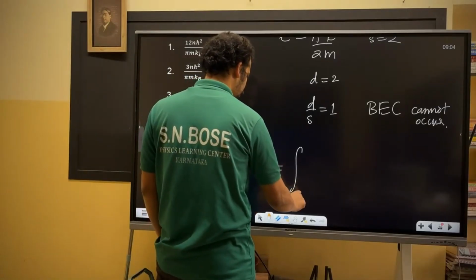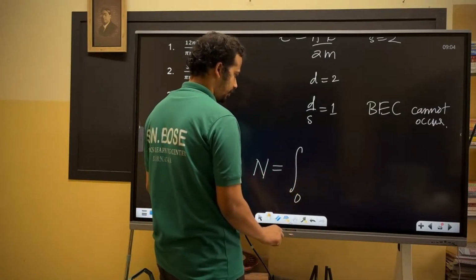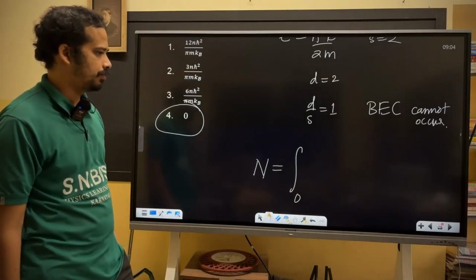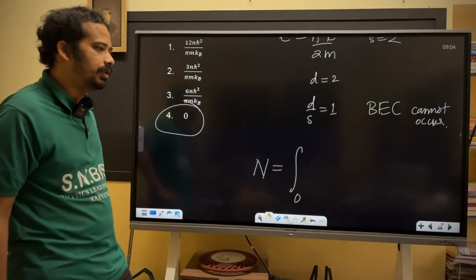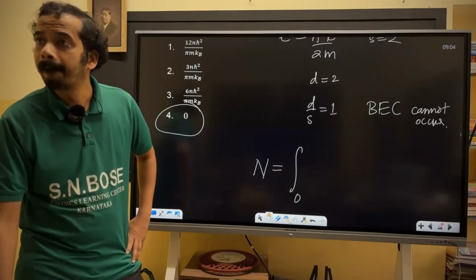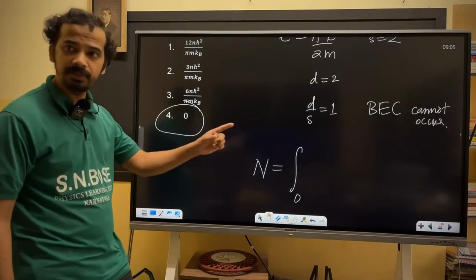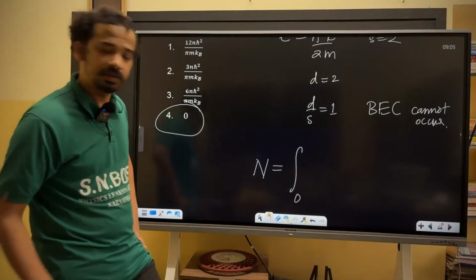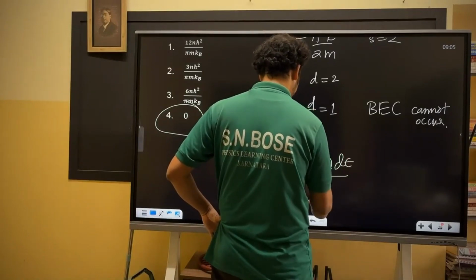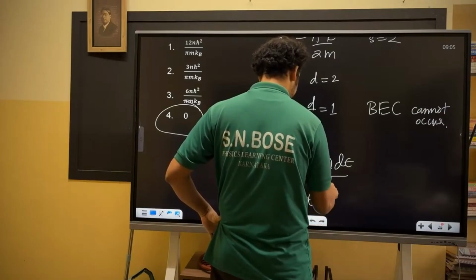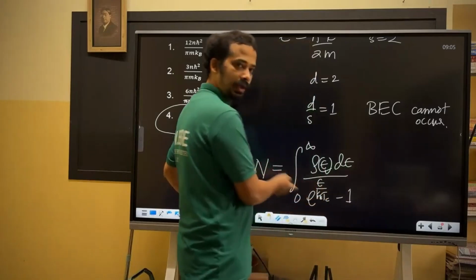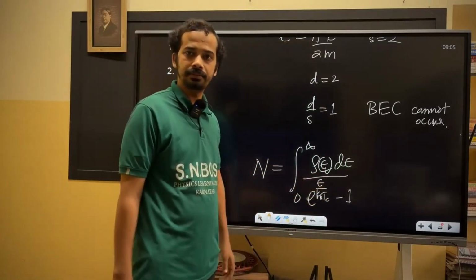N is equal to the integral from 0 to infinity of rho of epsilon d epsilon over e to the power epsilon by kB Tc minus 1. By substituting, we try to take this Tc outside.